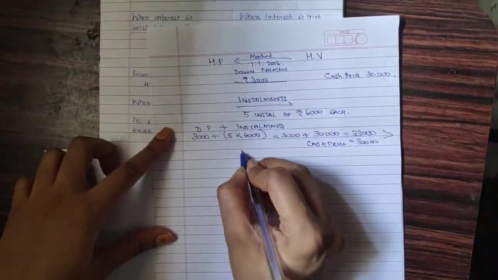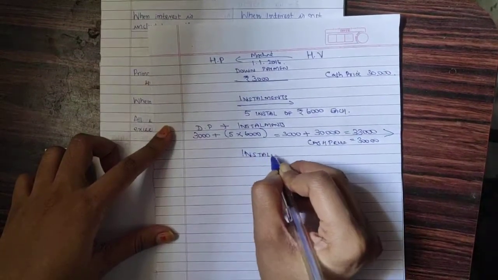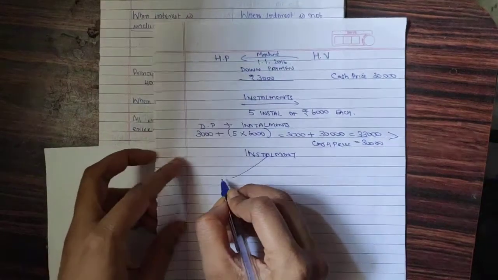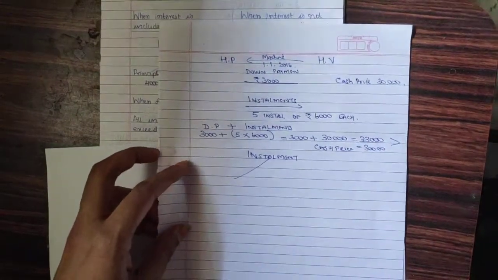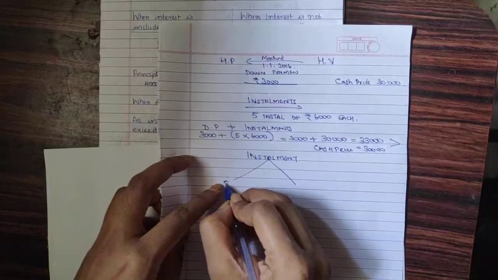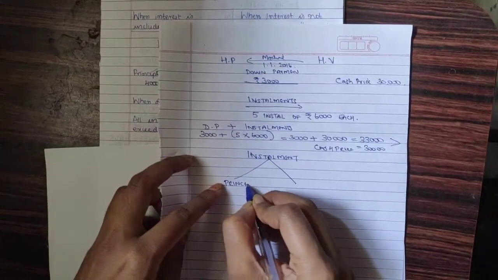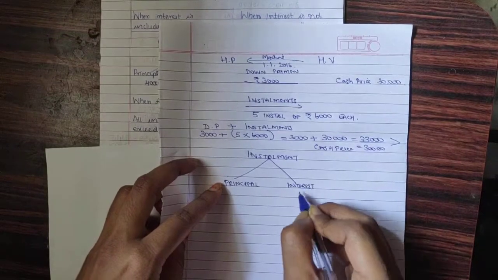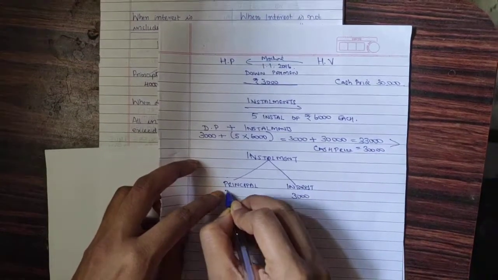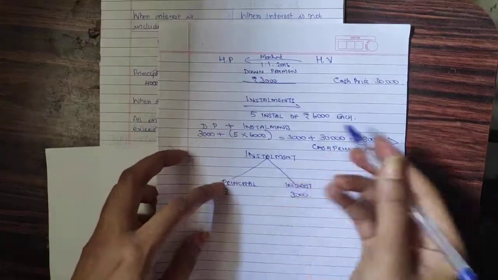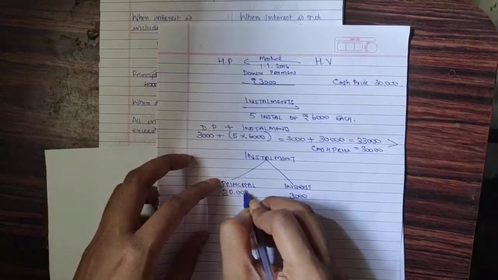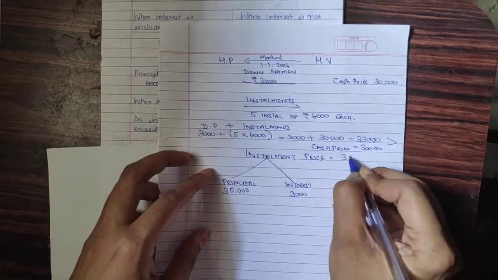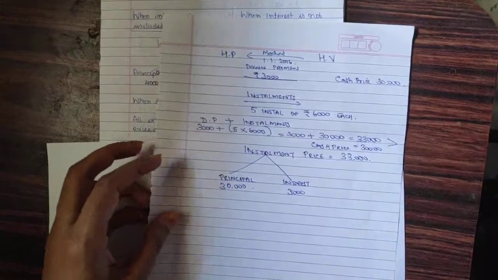That means your installment is inclusive of interest. So there is the principal amount and the interest amount. The interest is 3,000 and the principal amount will be equal to the cash price, 30,000. And the installment price or the hire purchase price is 33,000. I hope that's clear.